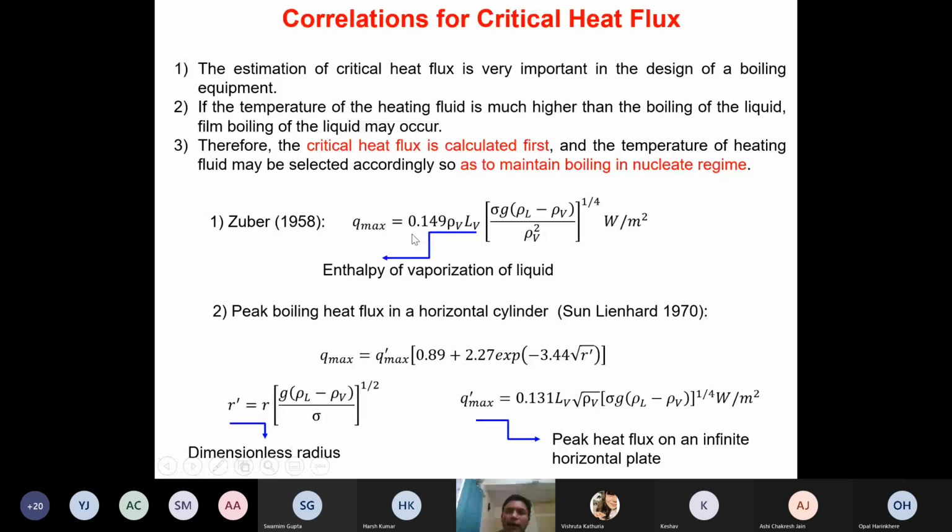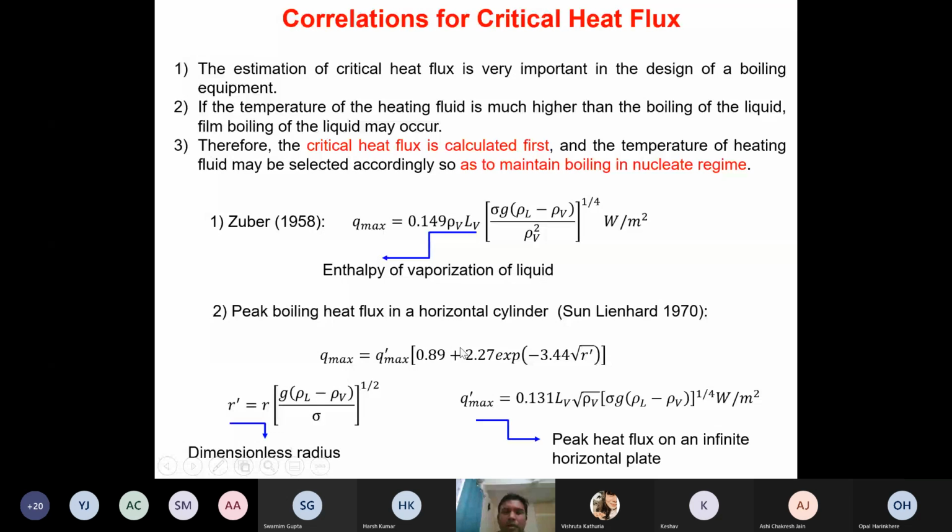Again, there is another correlation which is given by Lienhard. So this is again for the Qmax. Qmax is given here as Qmax dash in the bracket 0.89 plus 2.27 exponential of minus 3.44 under root r dash, where r dash is nothing but the dimensionless radius, given as r in the bracket [g (rho L minus rho V) by sigma] raised to the power 1 by 2.